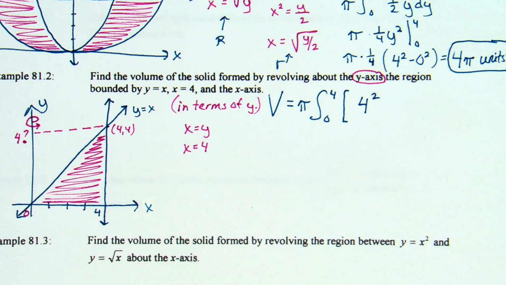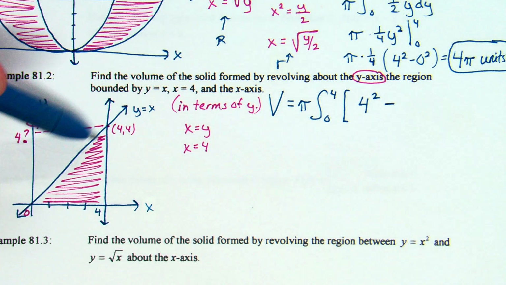There is no y in that particular problem, but to be in terms of y, it just has to say x equals. So 4 squared, what's making the inside of this shape? The x equals y, and so we're going to go 4 squared minus y squared dy.